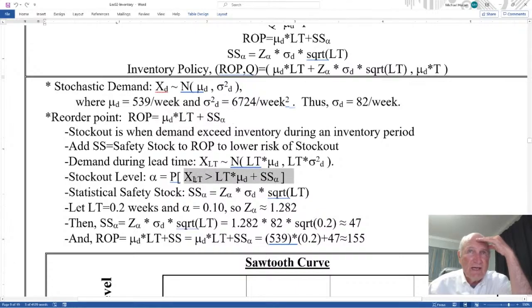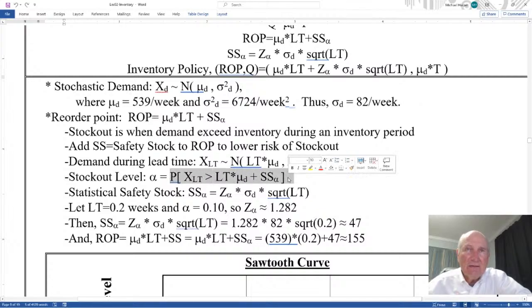So notice what this says. When my demand during my lead time is greater than my ROP, I'm going to have stock out. And the probability of that, I'm going to call alpha. And the probability of stock out, I'm going to define as the stock out level. There it is.